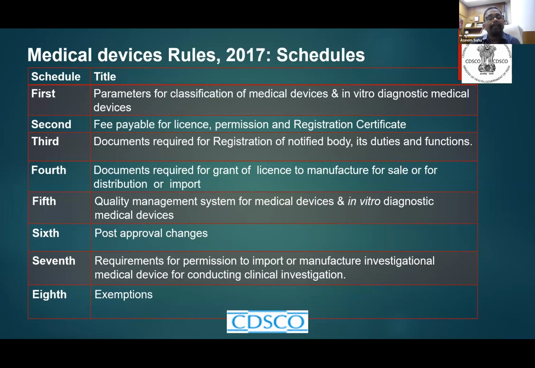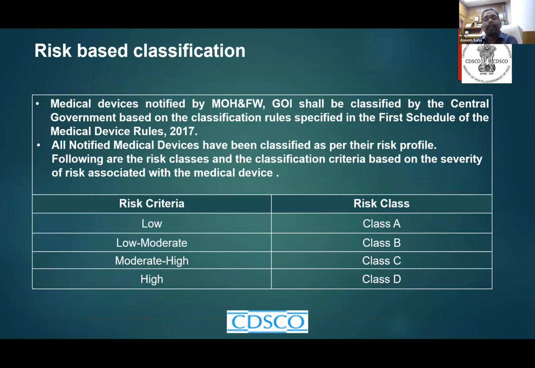The details have been prescribed in the eighth schedule of the Medical Device Rules. As I have already briefed, we have adopted risk-based classification, where low risk devices are classified under Class A and high risk medical devices under Class D. Class B is considered low to moderate, and Class C moderate to high risk. So based on the risk of the devices, the requirements have also been defined separately.